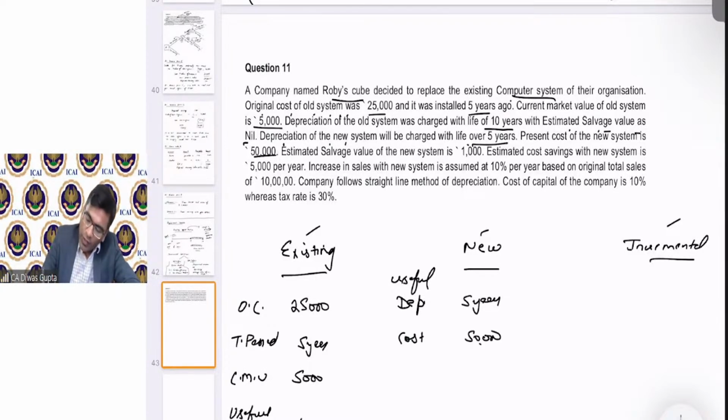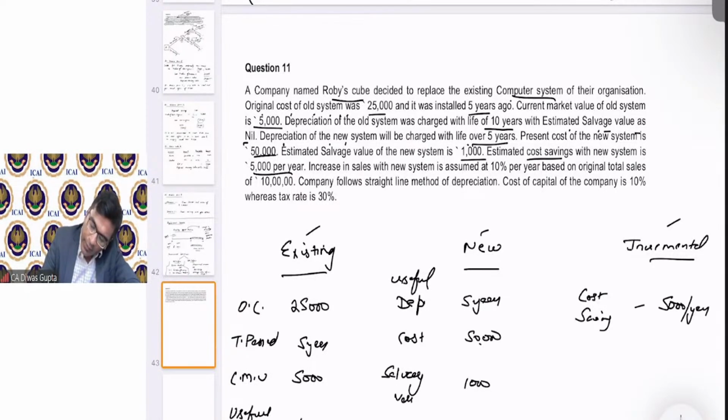Estimated salvage value of the new system is 1,000. Salvage value is 1,000 of the new system. Estimated cost savings with the new system is 5,000 per year. Now this is an incremental data point, right? So cost savings incrementally is happening, 5,000 per year.